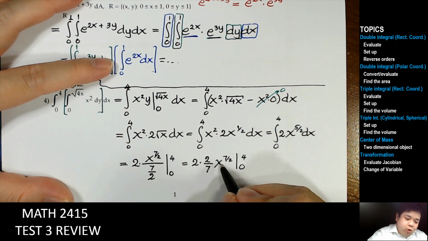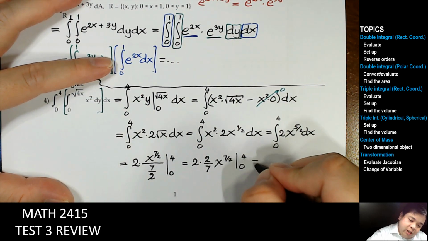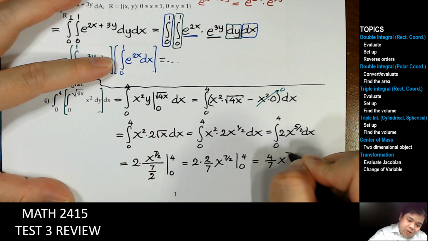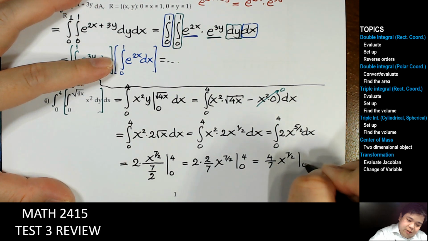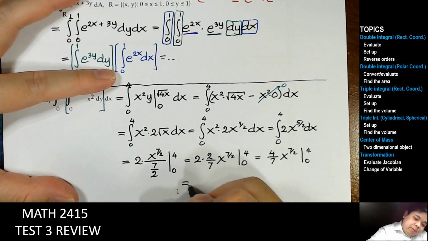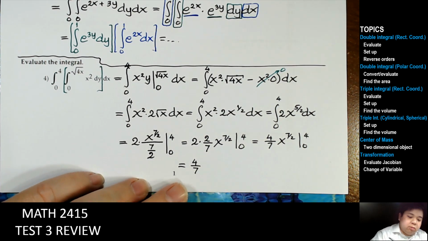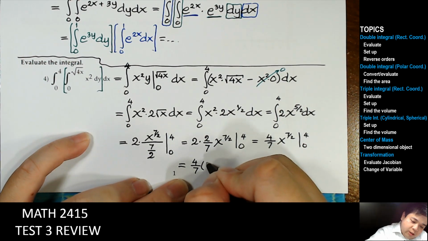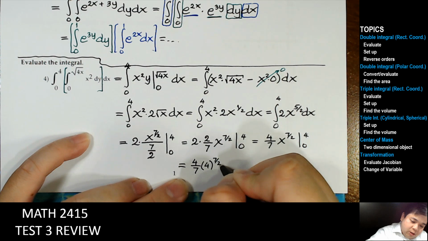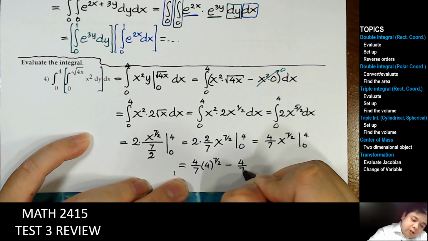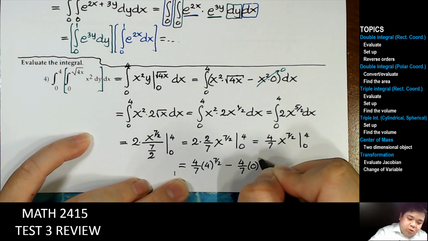Right, we're going to put 4 in here and then put 0 in here. But first, that 4 over 7 times x to the 7/2. Right, now we're going to put in the 4 and then the 0 and subtract them.